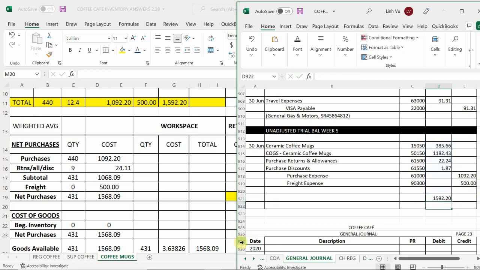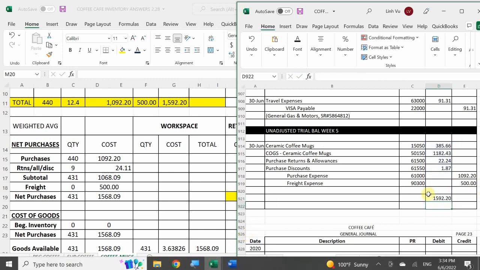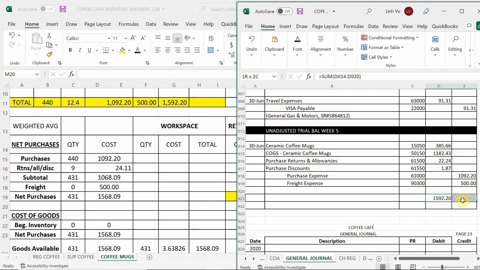Okay. So I got 1592.20 on the left and I have 1592.20 on the right. So in this case, my total debits match my total credits. Okay? So 1592 and 20 cents on the left and the right. So in this case, we completed our conversion entry successfully.